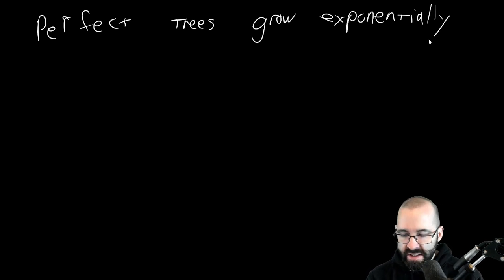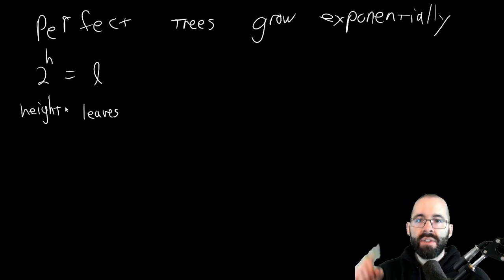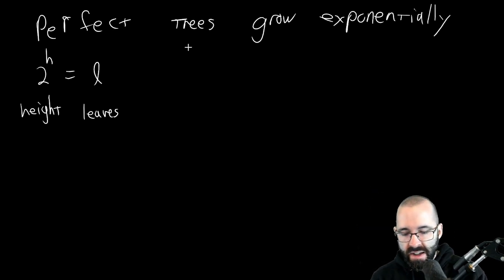Some really quick things: if we have L leaves coming from a tree of height h, then L is 2 to the h. So if you have a perfect tree of height 2, there will be 4 leaves.